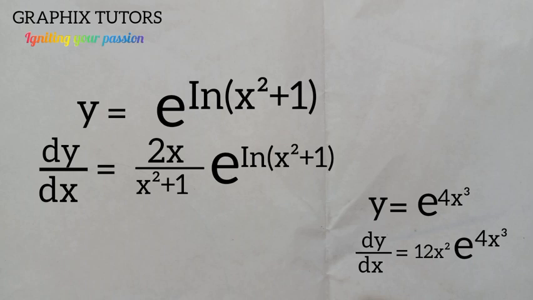But if you have ln, differentiate what's in front of the ln and divide it by what you differentiated. So with e you multiply, with ln you divide. This is how we do a quick solution on questions like this.